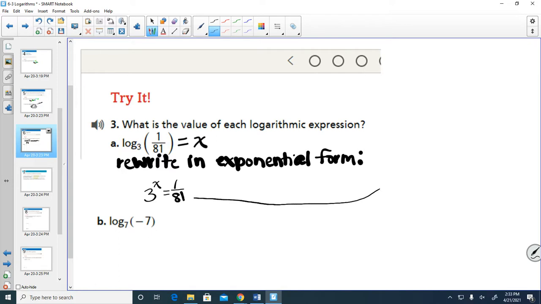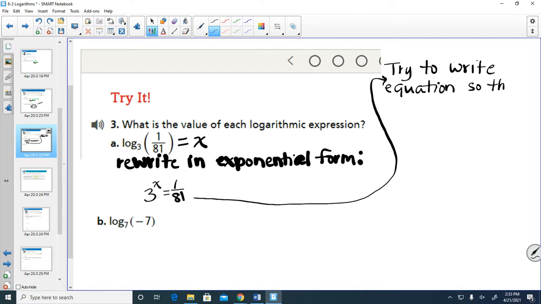So let's come over here and try to write the equation so that both sides have the same base. That means I want both sides to have a base of 3. So the left side I'm going to leave as 3 to the x.